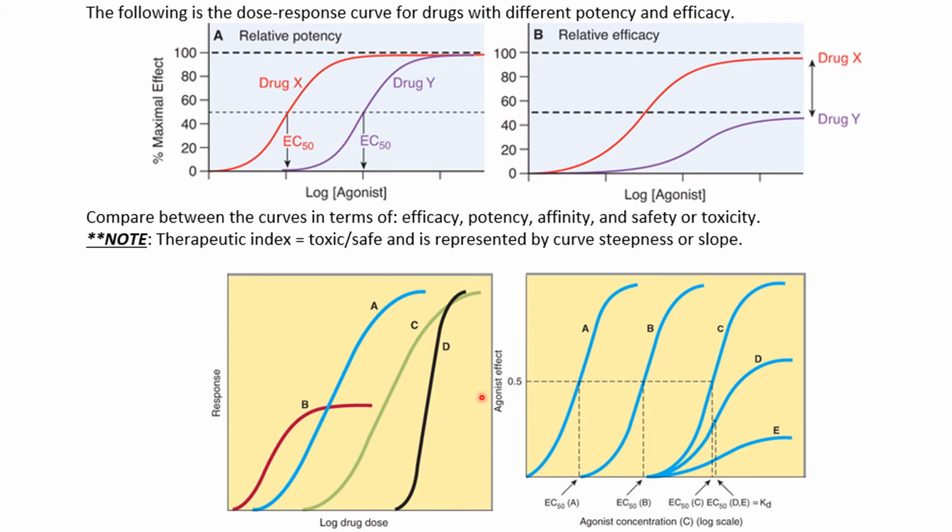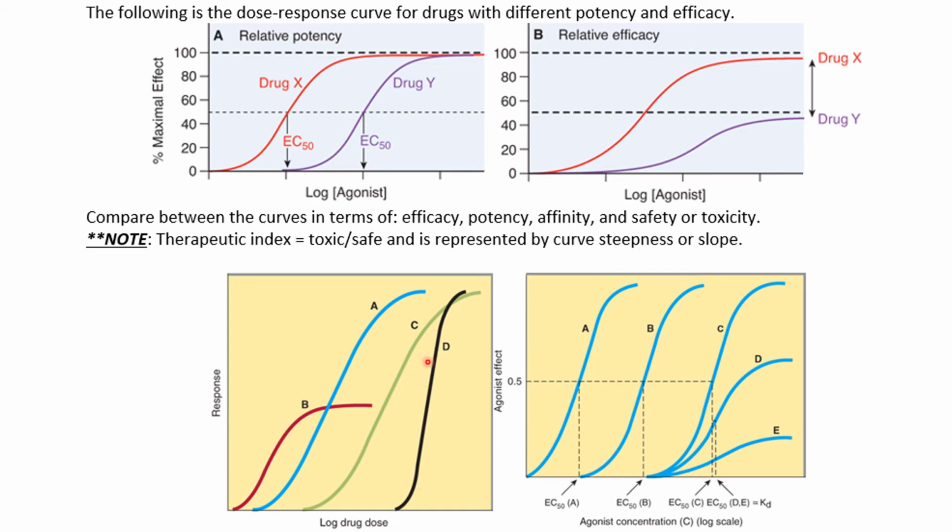In these two curves, we're trying to compare different drugs in terms of potency and efficacy. Again, you can rely on this explanation to find out which one is most potent, and which one is more or less efficacious than the other. But I also want you to notice one thing here, in D. Notice that there's a difference in the slope of this curve.